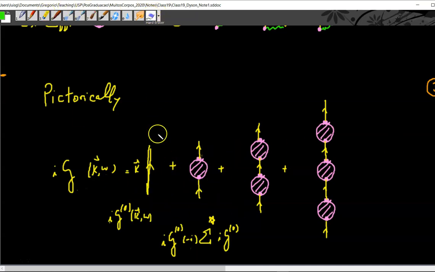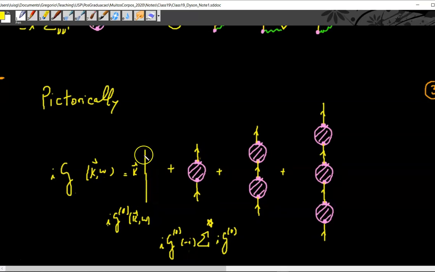So yeah, this is just a line, sorry. Let me put it this way. This is just the free propagating line with a momentum k, okay? So this is it. This is the free propagating.